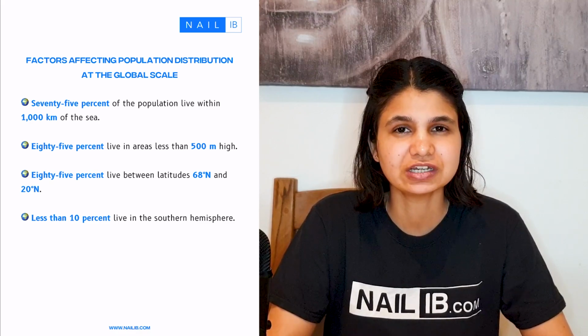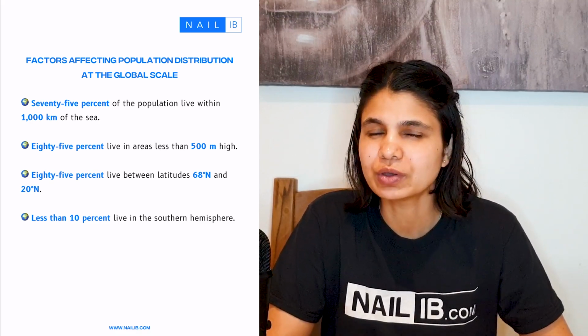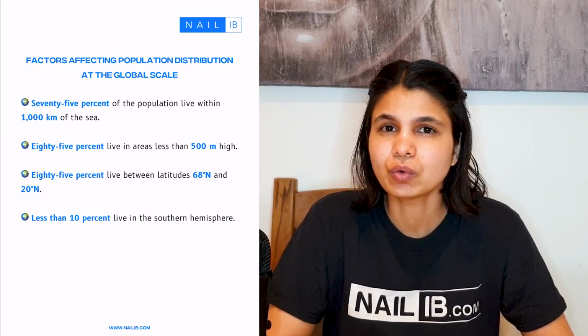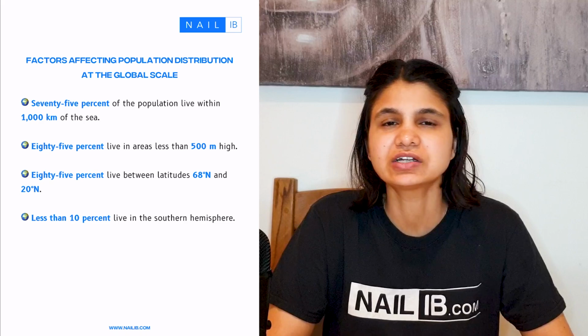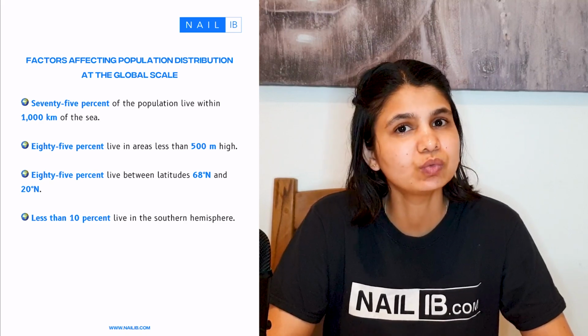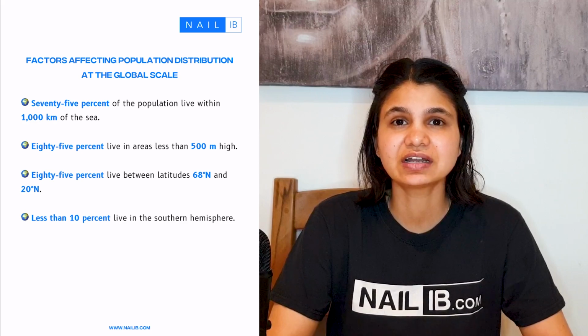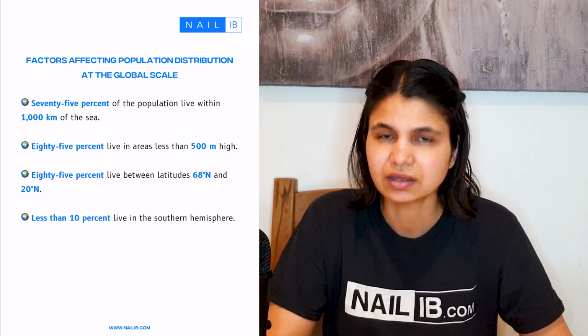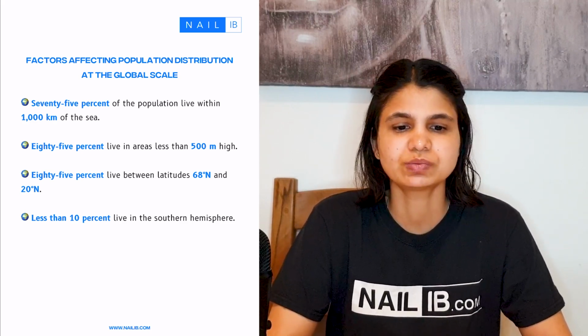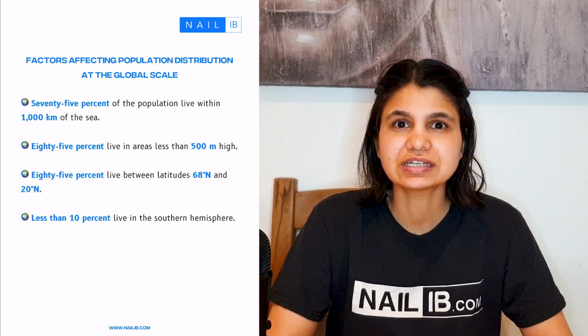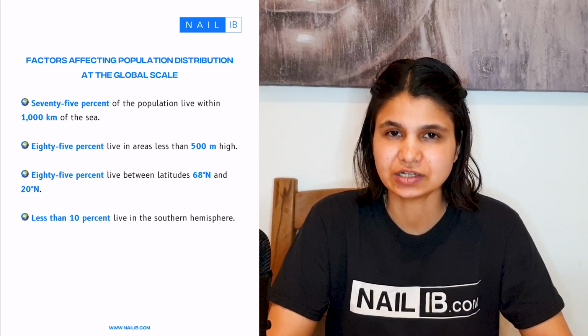So you can literally gauge how important the sea is, and how it was a big factor in determining where people would decide to settle themselves. 85% live in areas that are not very high in terms of altitude, just about 500 meters high. 85% live between latitude 68-degree north to 20-degree north.